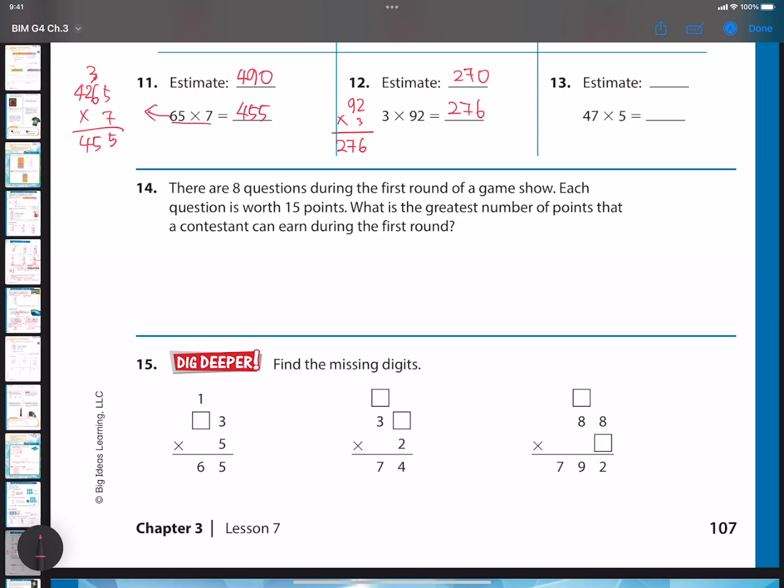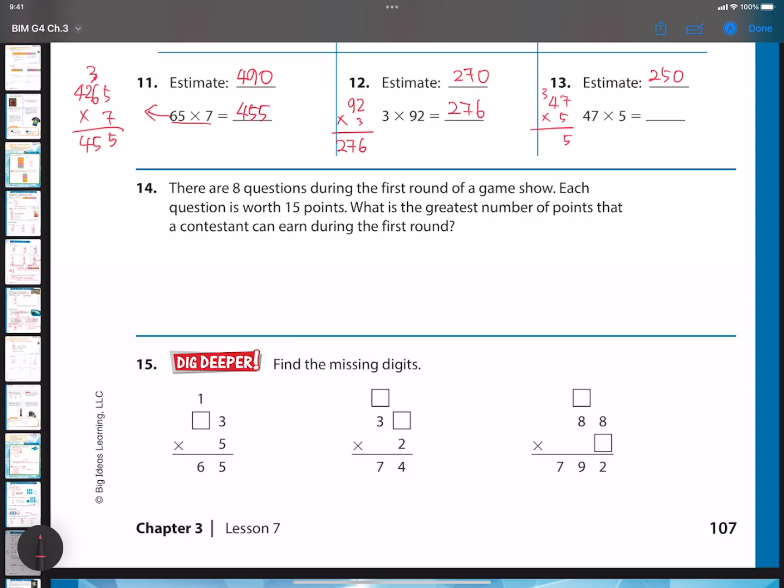All right, number 13. Estimate 47 times 5. 47 can be rounded up to 50, right? So now 5 times 5 is 25, and add one more zero at the end. Now let's find out the actual product. 47 times 5. 7 times 5 is 35.